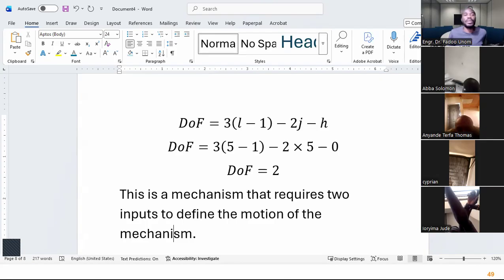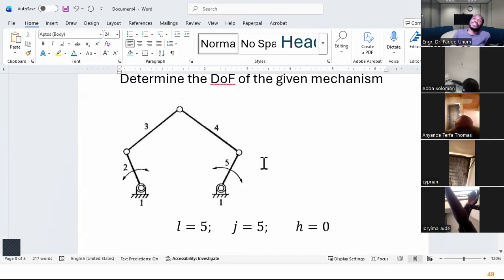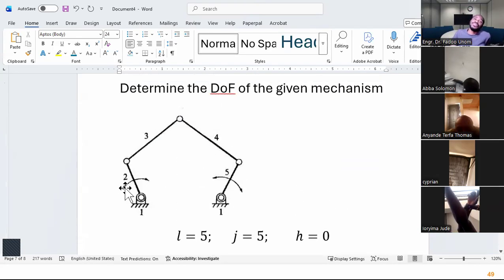So when you look at this, you can see those 2 arrows here that you need to input motion into link, or you need to define the motions of link 2 and link 5 to determine the overall position of every link in this mechanism. You must define how link 2 is positioned and how link 5 is positioned to determine the position of all the other links in the mechanism. So it has 2 degrees of freedom.